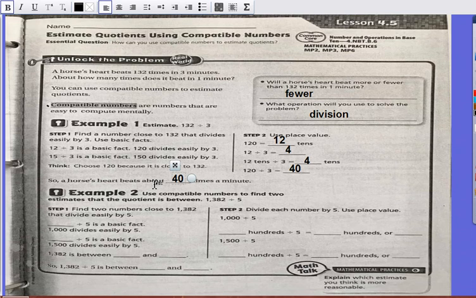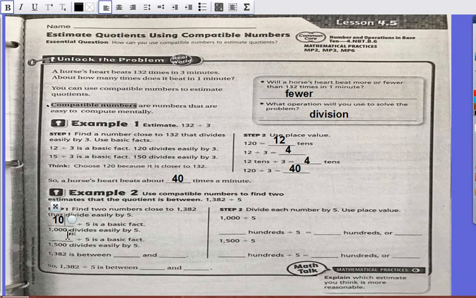That first one, blank divided by 5, is a basic fact. The first basic fact that I can think of is 10 divided by 5, because then we know that 1,000 divides easily by 5, because 5 times what is 10? 2.